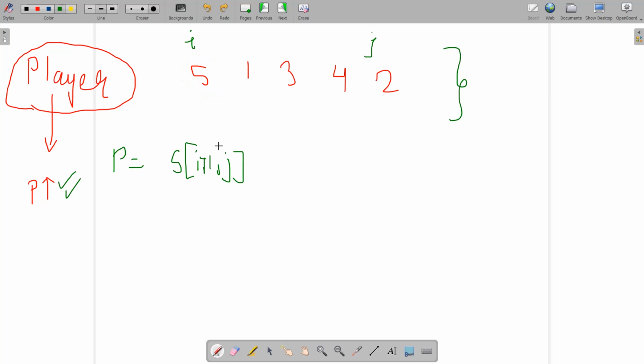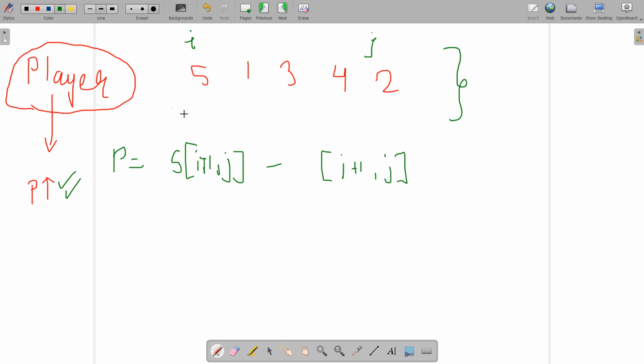Now if a particular player chooses this one, the remaining segment is now this one, so we need to operate on this. So I need to write this as the score of a particular player minus the opponent's, that is, I need to focus on the difference. Now I am going to work on the segment i plus 1 to j.